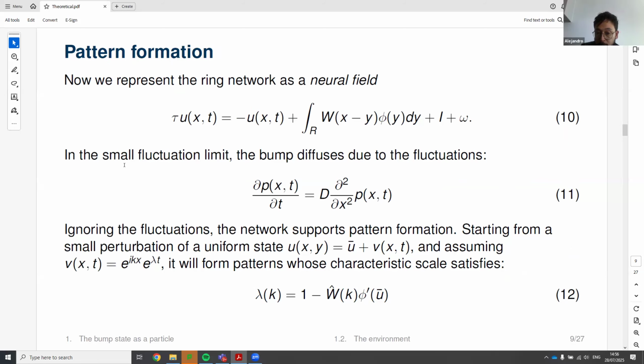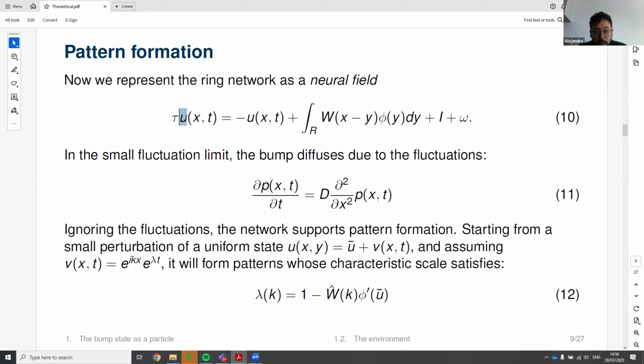But if we take the limit in which the domain becomes continuous, then we can describe this ring network as a neural field.